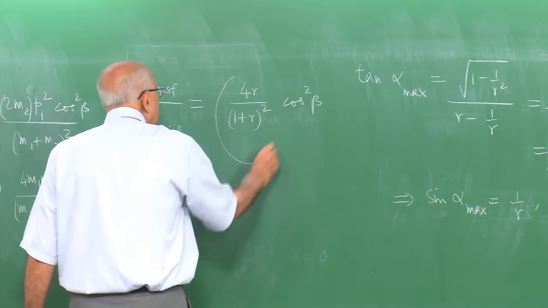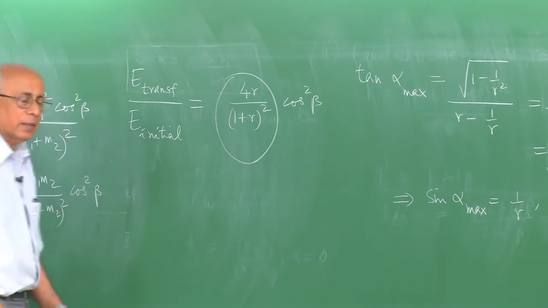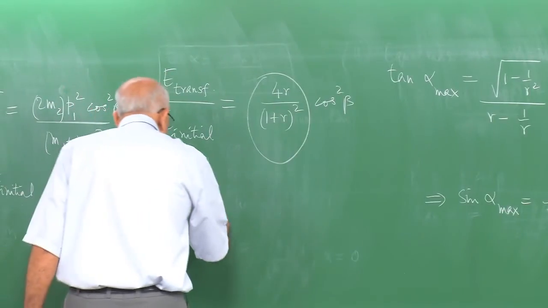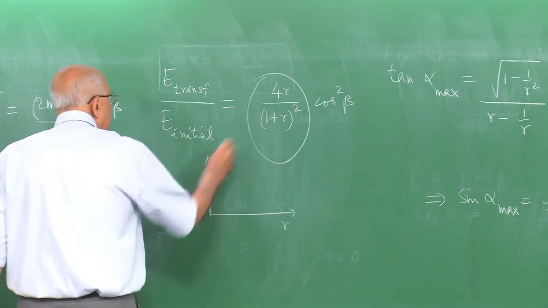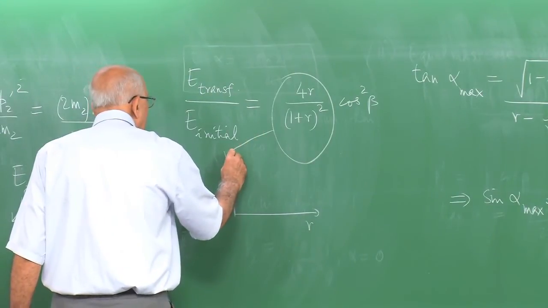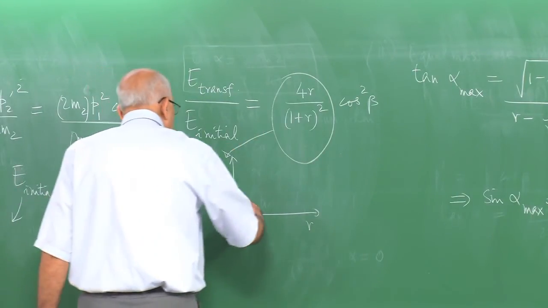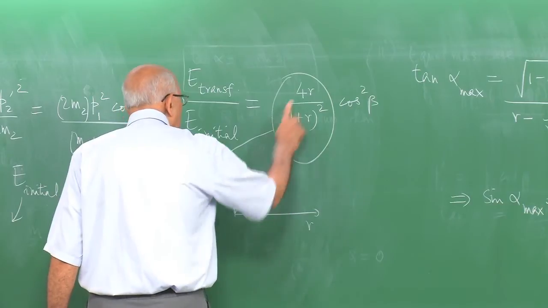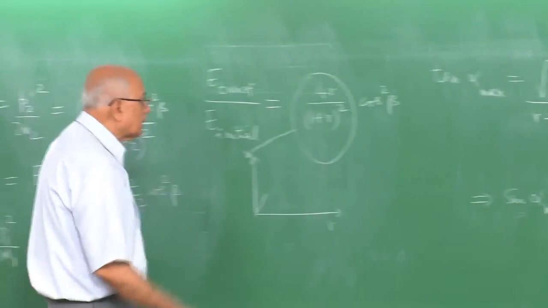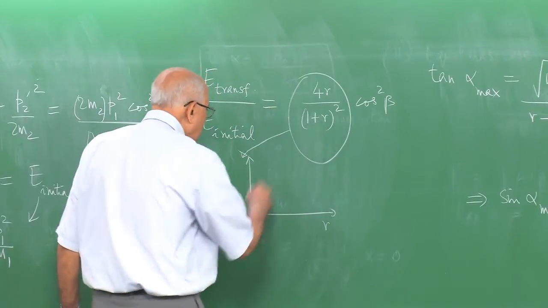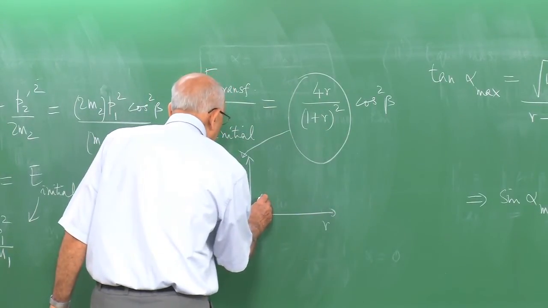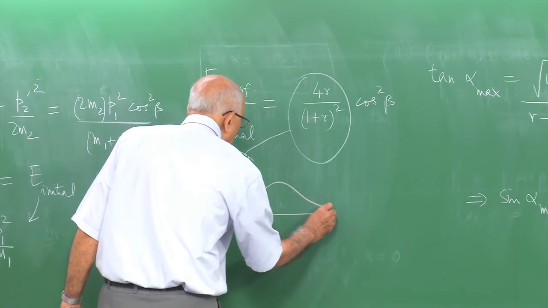This quantity, which is purely a function of the mass ratio, we saw in the one-dimensional case. To repeat, here's r, here's this factor. It starts off linearly with slope 4r, and when r becomes much larger than 1, it becomes 4 divided by r, so it drops off like 1 over r with a maximum at r equal to 1.